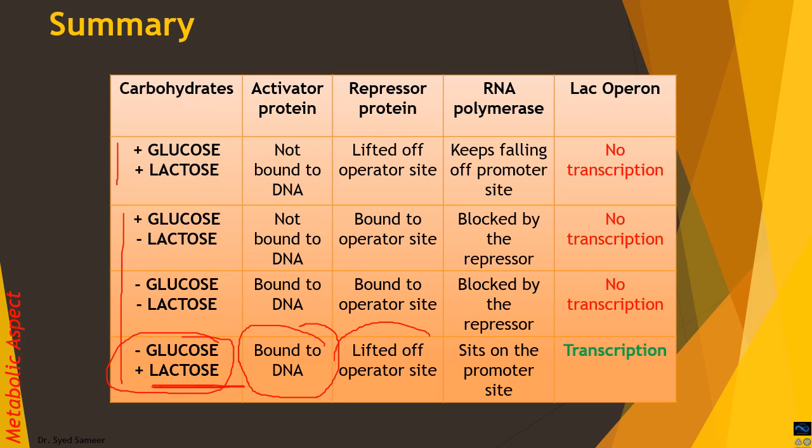The repressor protein will be lifted off the operator site, and the RNA polymerase, already present at the promoter region, will be forced to do the promoter clearance with high frequency, leading to transcription of the Lac Operon at a high level, and hence enabling the cell to utilize lactose preferentially when there is no glucose present.